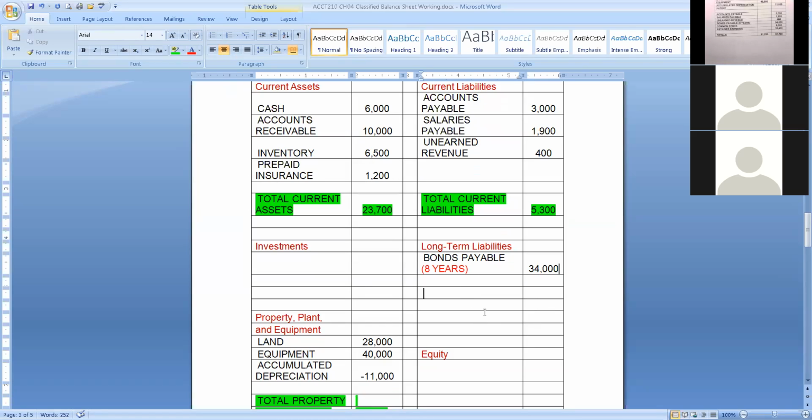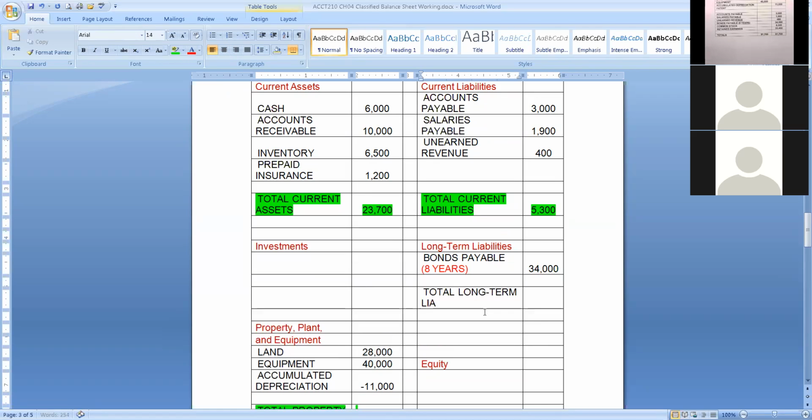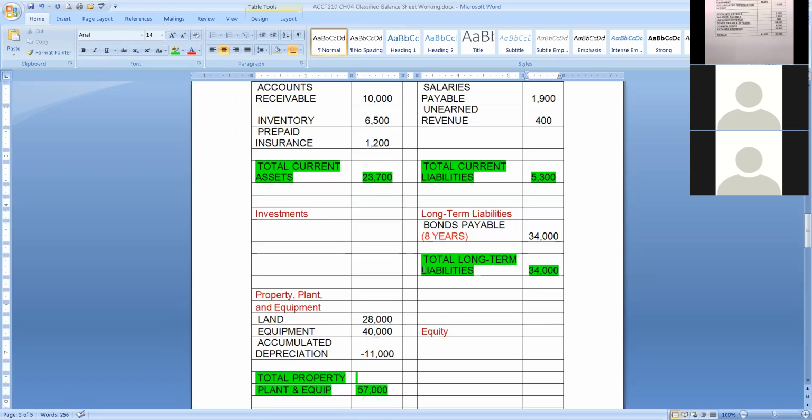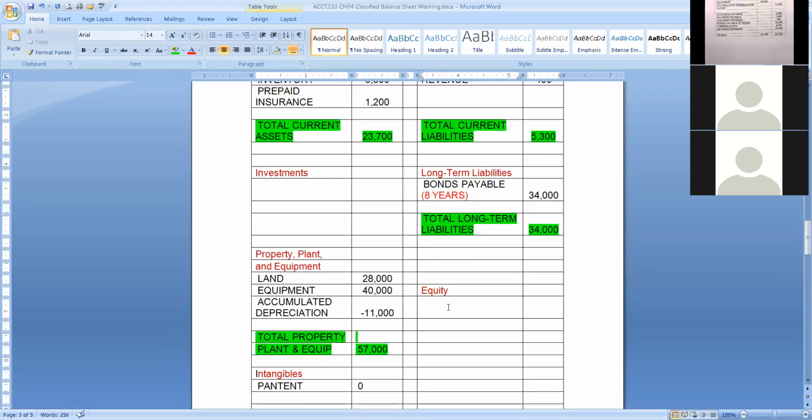You don't have to write this in if you don't want to, but I'll put it in. Okay, and our equity section.